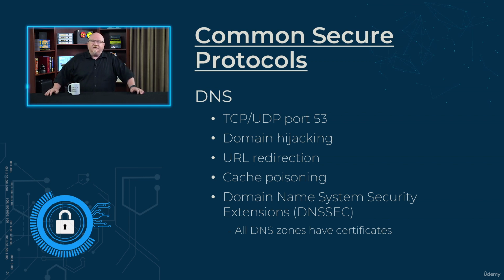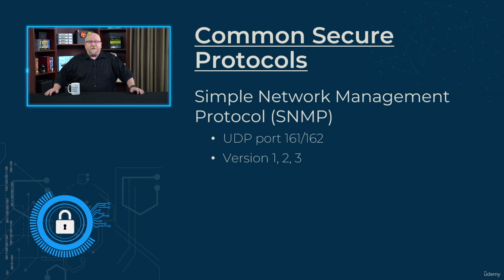The next one is SNMP, or Simple Network Management Protocol. SNMP uses UDP ports 161 and 162. SNMP is the tool that we use to query things like switches and individual systems, and we can say how many packets per minute are going through, that type of thing.